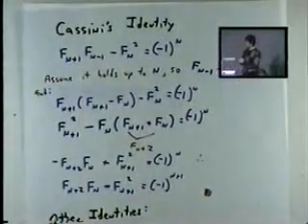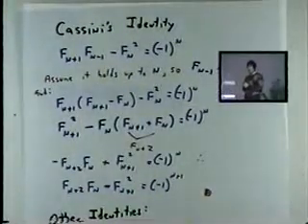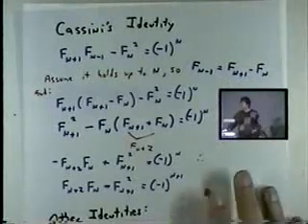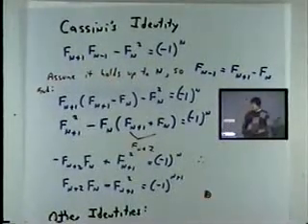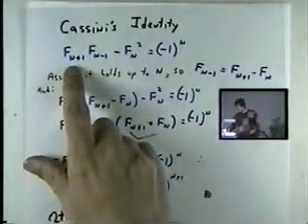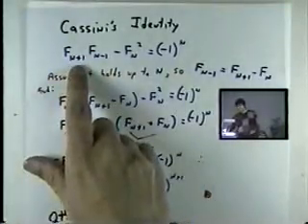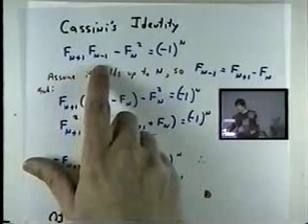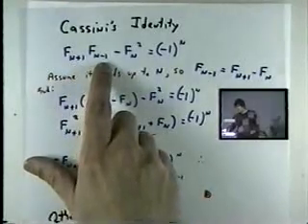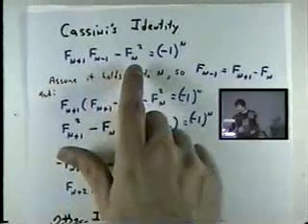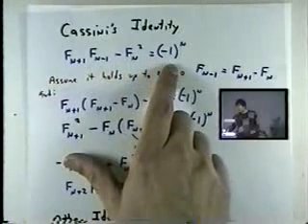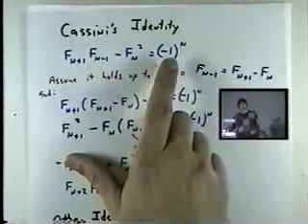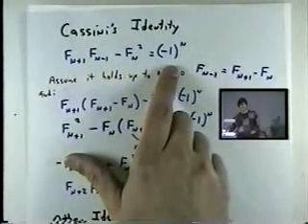Let's look at one other curious identity on Fibonacci numbers. Something called Cassini's identity, which states that f sub n plus 1, the n plus first Fibonacci number, times the n minus first Fibonacci number, minus f sub n squared, is plus or minus 1, depending upon the parity of n.